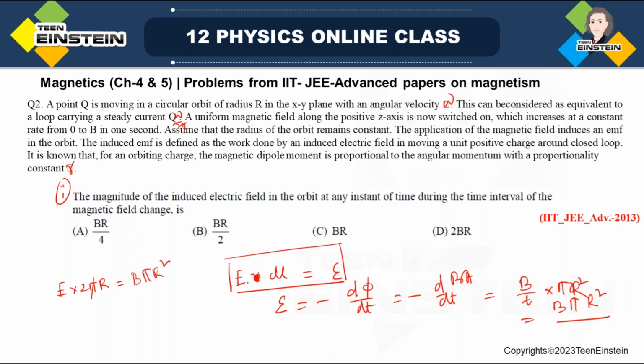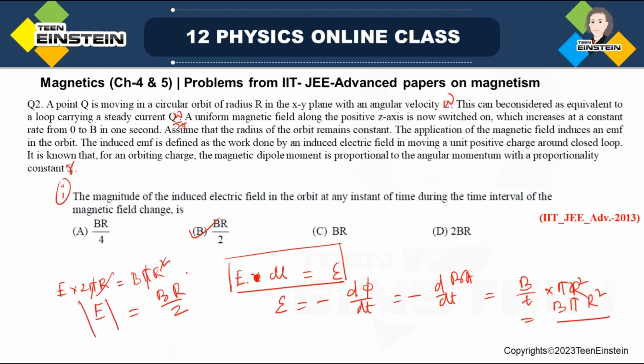Now look, pi goes off, one r goes off, so the electric field will be actually Br by 2. This is the magnitude of the electric field, Br by 2, that is the option.